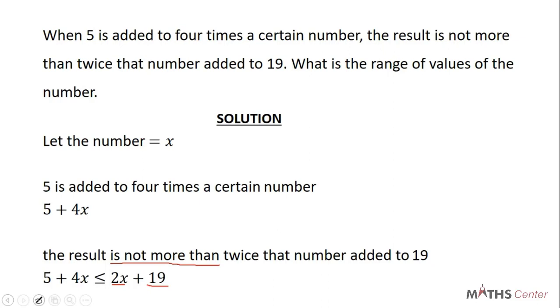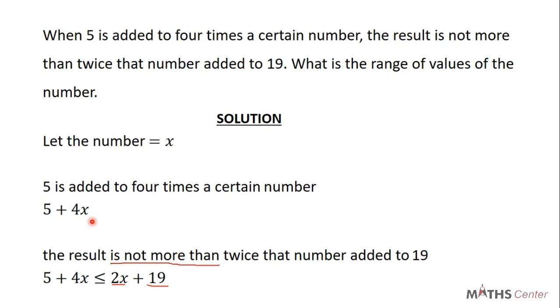Let's go through it again. 5 is added to 4 times a certain number. So 5 plus 4x. The result is not more than. Whenever you hear the statement it's not more than, it means that it is less than or equal to.